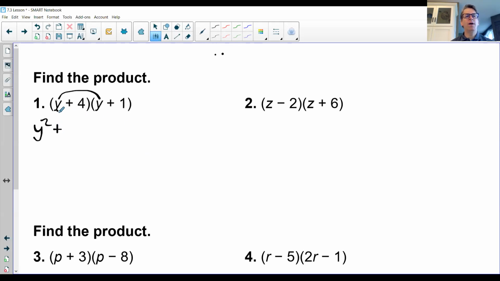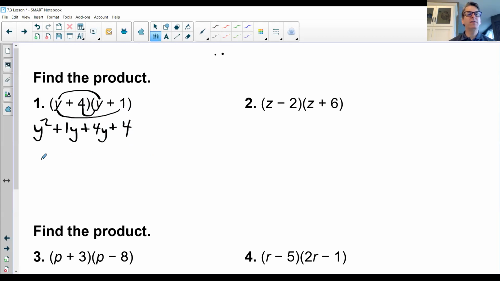Outer, 1 times y. Inner, 4 times y. And last, 4 times 1, or 4.